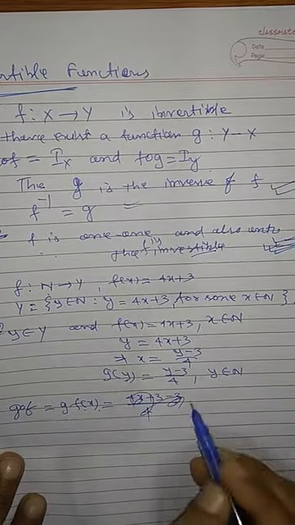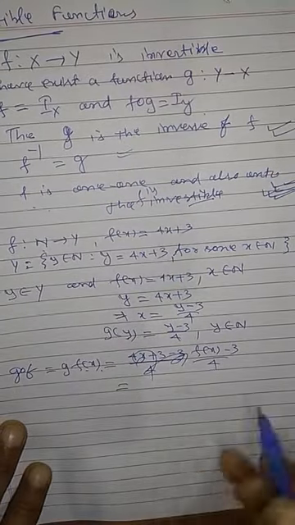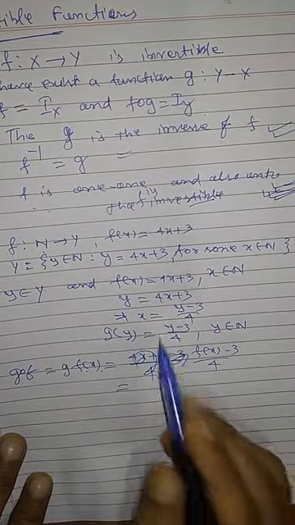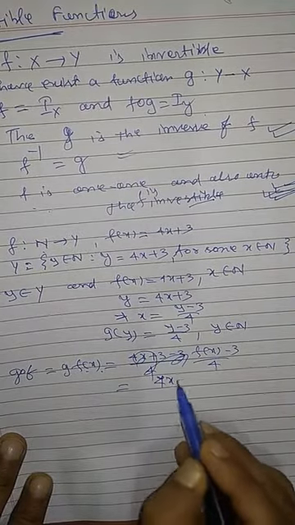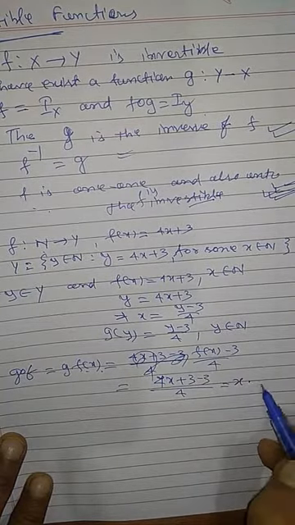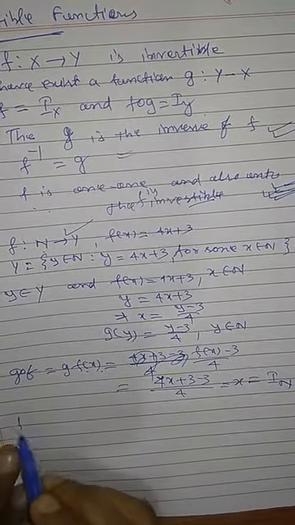Since f of x is given as 4x plus 3, (4x plus 3 minus 3) by 4 gives you x. That is Ix.